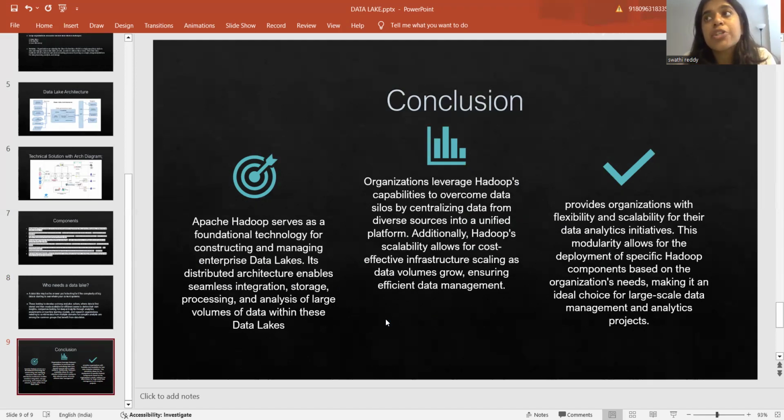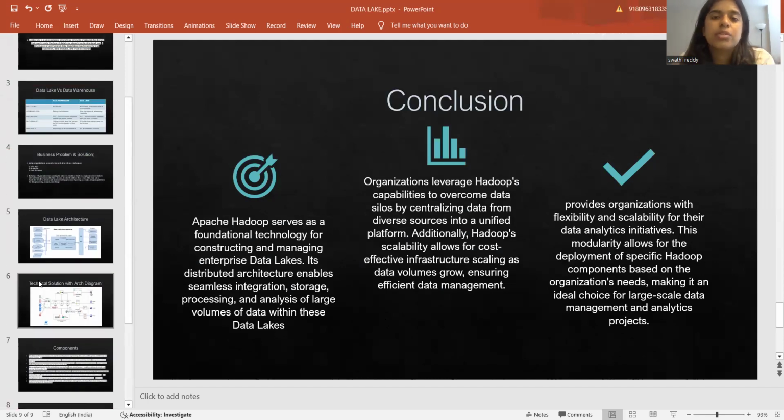Apache Hadoop also helps organizations leverage many diverse sources in a unified platform, so scalability is also achieved. Last but not the least, it provides organizations with flexibility and scalability for data analytics initiatives, making Hadoop an ideal choice for large-scale data management and analytics projects.